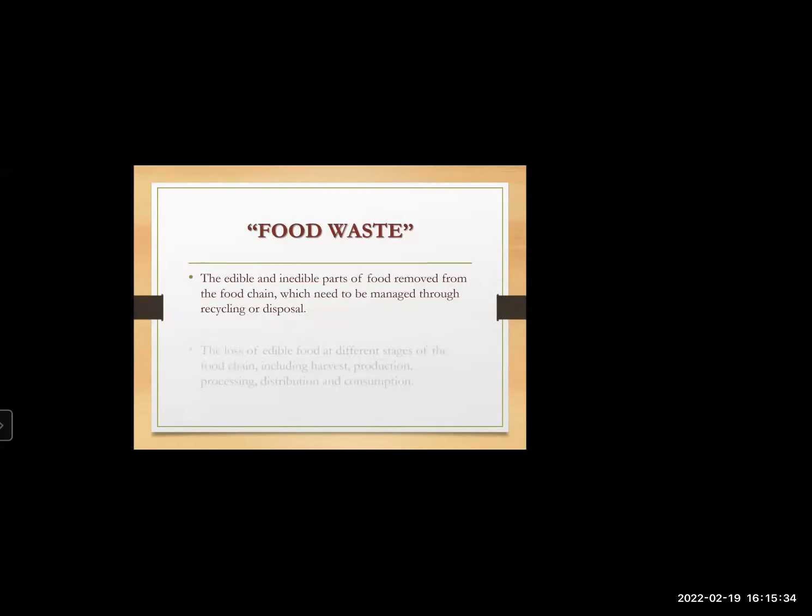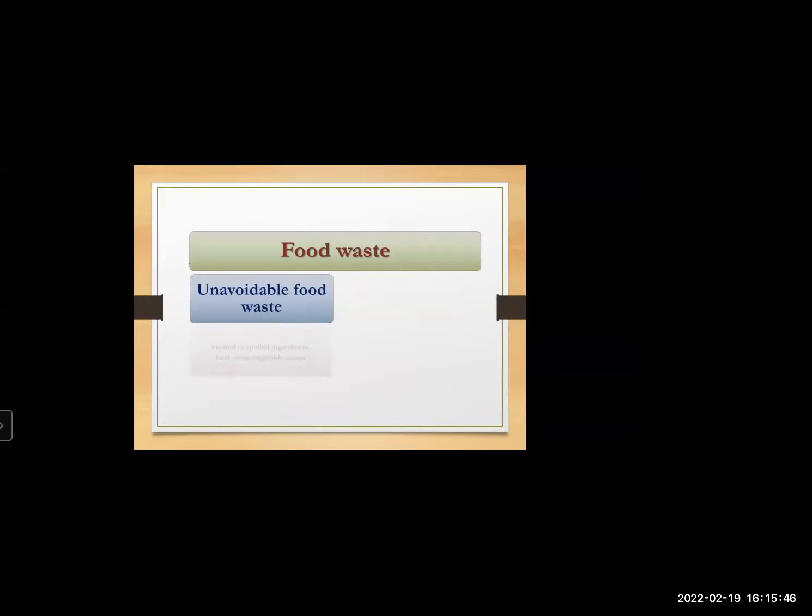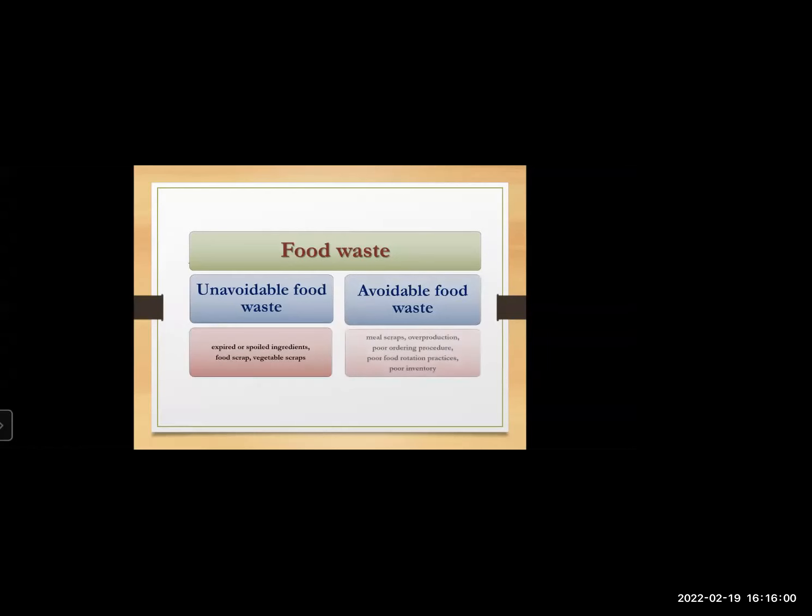Food waste comprises two types based on the kind of waste produced. First is the unavoidable food waste, which includes expired or spoiled ingredients and food scraps such as meat scraps and vegetable scraps, like the ends of the vegetables that we are cutting. Then in avoidable food waste, there are meal scraps such as peeling or trimming waste, which arises from less proficient handling of the food items.